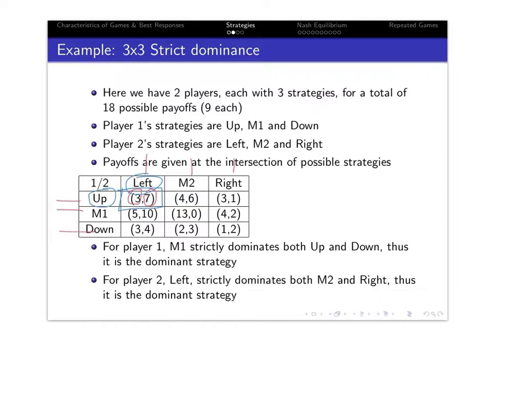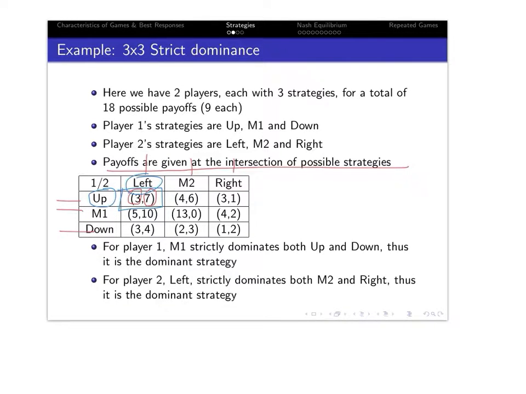Payoffs are given at the intersection of the possible strategies. For player 1, now we're going into what's strictly dominant. For player 1, M1 strictly dominates both up and down, and it is therefore the dominant strategy. So how does that work?